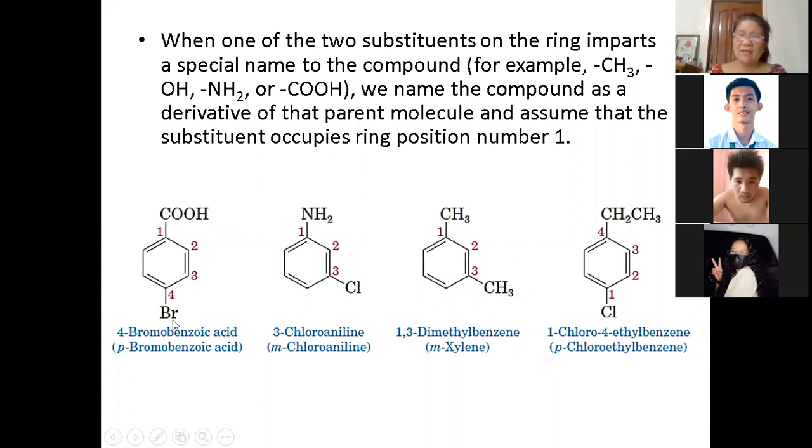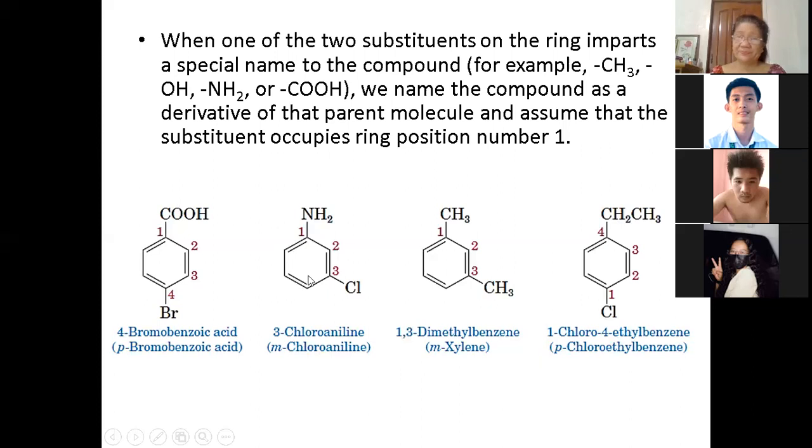What's the parent name? It's benzoic acid. But there is an attachment at carbon 4 in the benzene ring. It's bromo. So you place also your number. It's 4-bromobenzoic acid. Or you can have para-bromobenzoic acid, opposite.